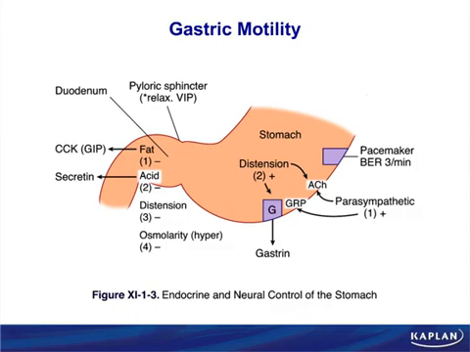Distension of the stomach causes vagus more motility. Distension of the stomach causes acetylcholine more motility. Distension of the stomach causes parasympathetic gastrin-releasing peptide, which also increases motility. But inside the duodenum, fat, acid, distension, and anything that is osmolar will slow down GI motility.